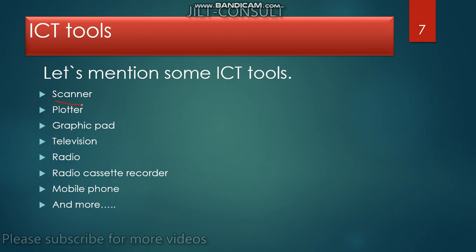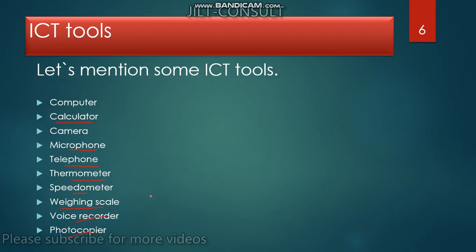We have scanner, plotter, graphic pad, television, radio, cassette recorder, mobile phone, and so much more. We have a lot of ICT tools that we can't write all. So you should go and explore and find more of the ICT tools and add to these that I've given to you. Is that fine?